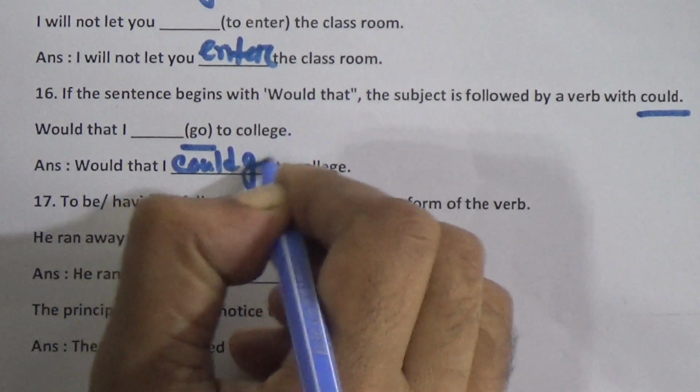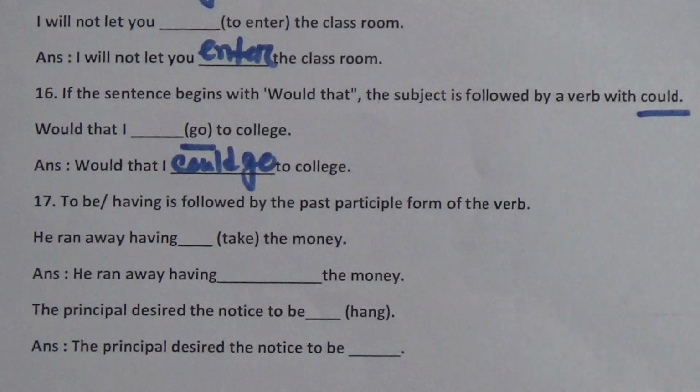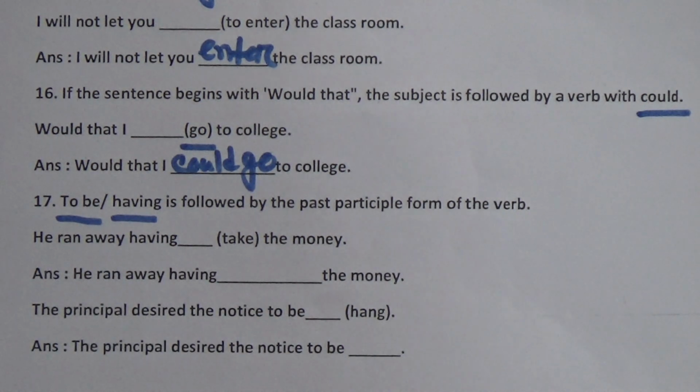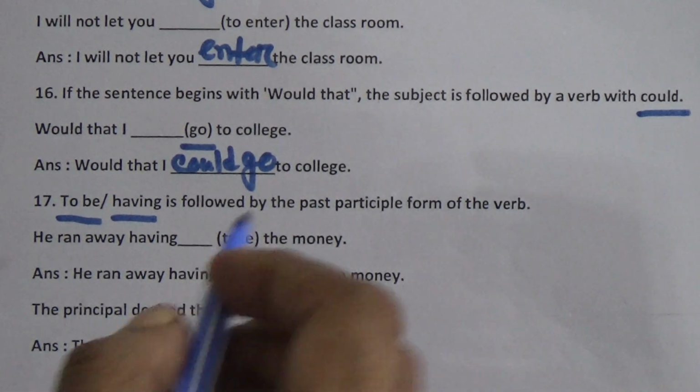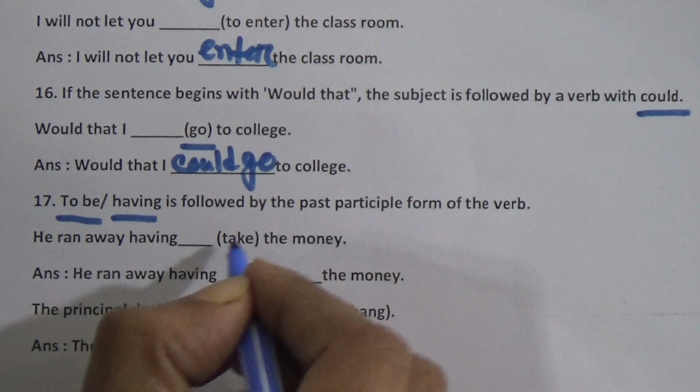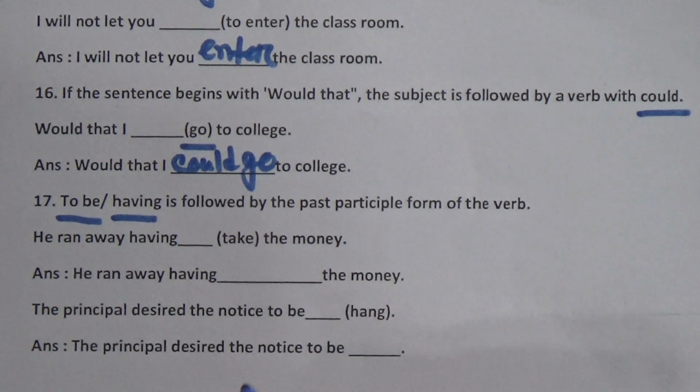Rule number 17, to be and having are followed by the past participle form of the verb. That means after to be and having, we will use the past participle form of the verb in the bracket. He ran away having dash take the money. The verb in the bracket will be in past participle form.